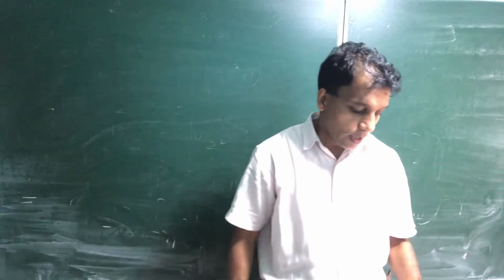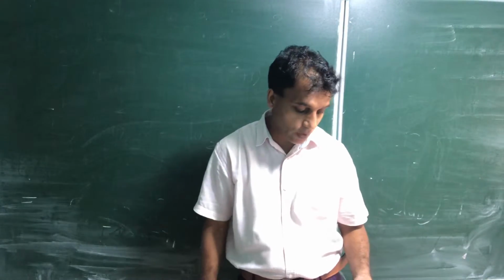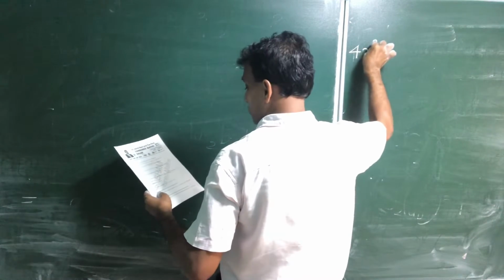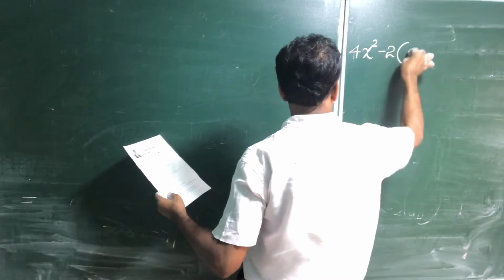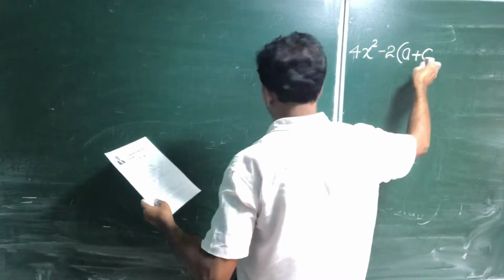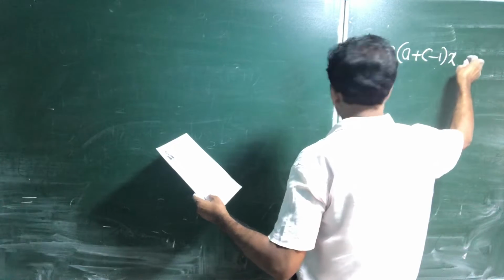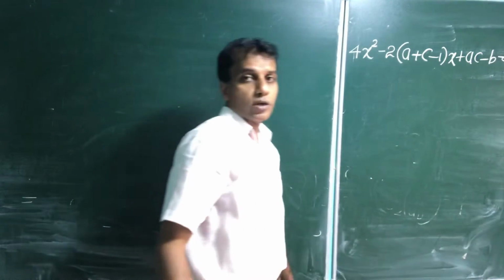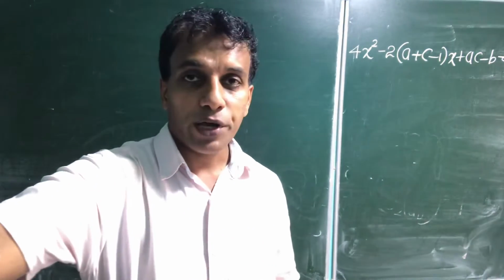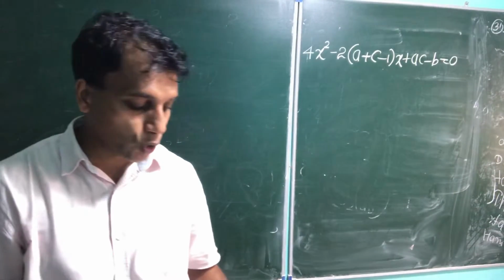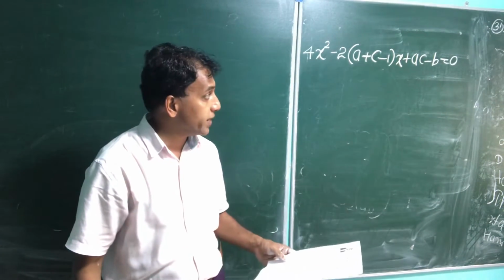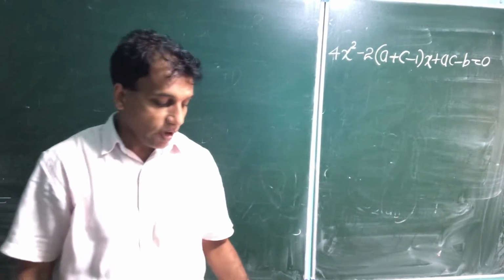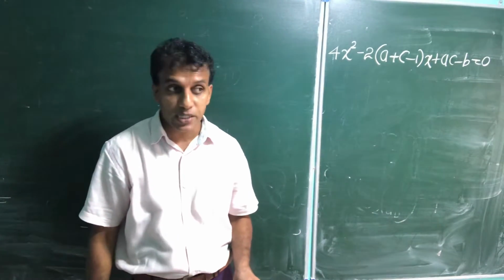Question 5. If the quadratic equation 4x square minus 2 into (a plus c minus 1) into x plus ac minus b equals 0, where a greater than b greater than c.